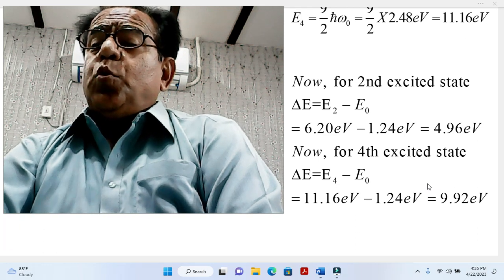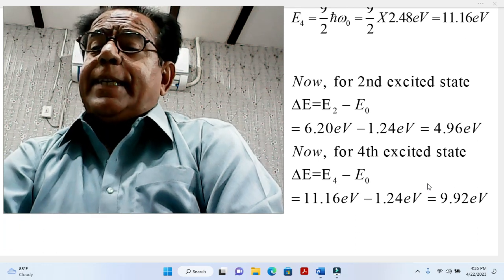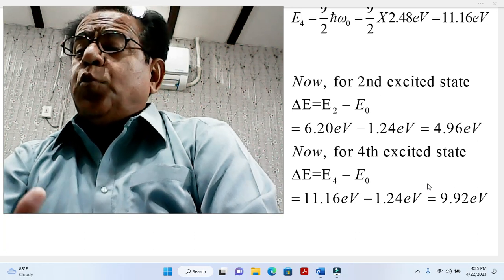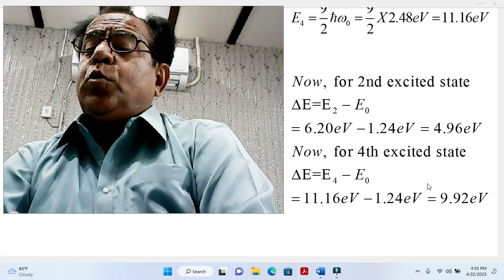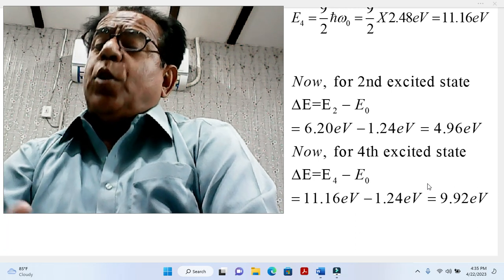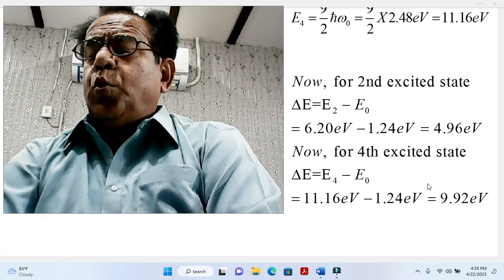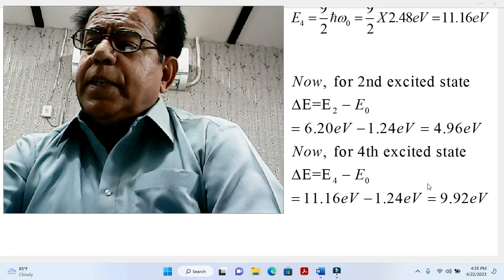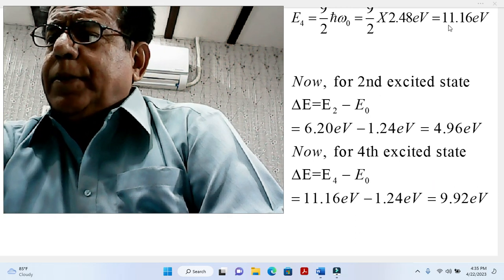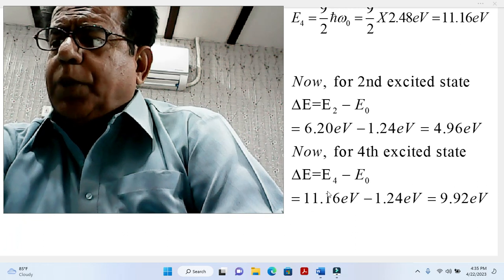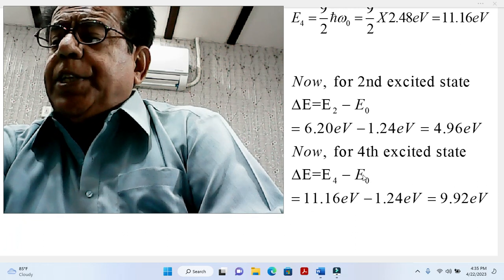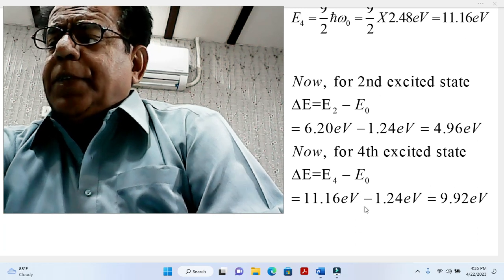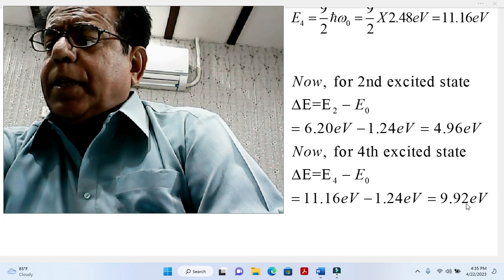So for the second excited state, delta E is equal to E2 minus E naught, and similarly for the fourth excited state, delta E is equal to E4 minus E naught. We found the value of E4 in the previous part, which is 11.16 electron volt, minus the value of E naught, 1.24 electron volt, and hence the difference becomes equal to 9.92 electron volt.